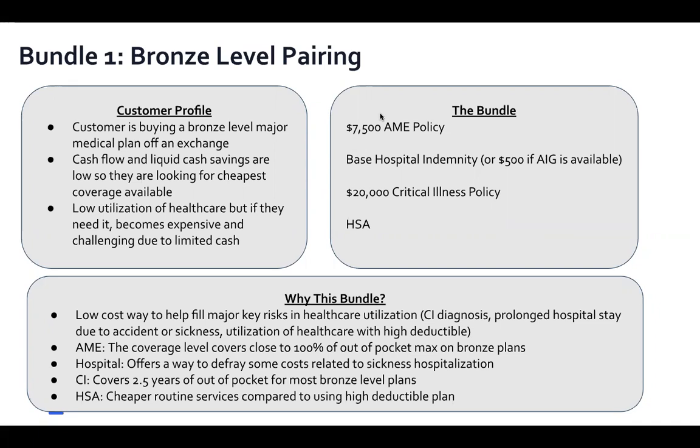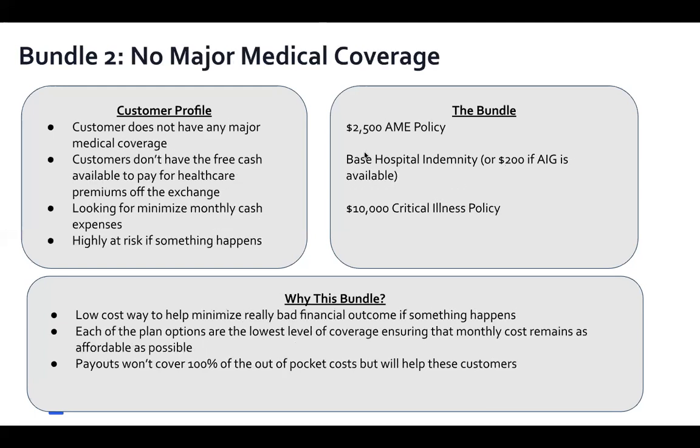So with 20,000, your client's covered for those 2 years. AME covers accident-related hospitalization. And the hospital plan is, I think, a cost-effective way for them to help reduce or defray some of those costs related to sickness if they end up in the hospital. And Patricia, I see your question. I'll plan to answer it right after we get through these.